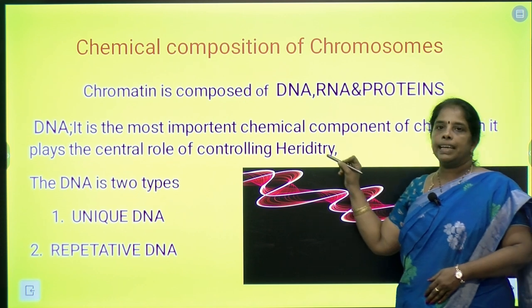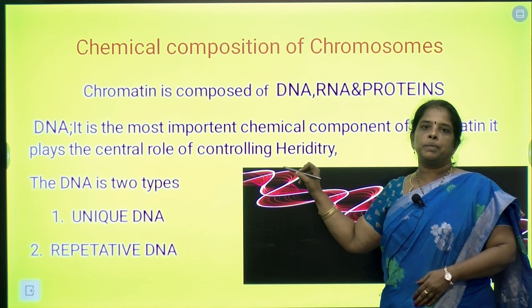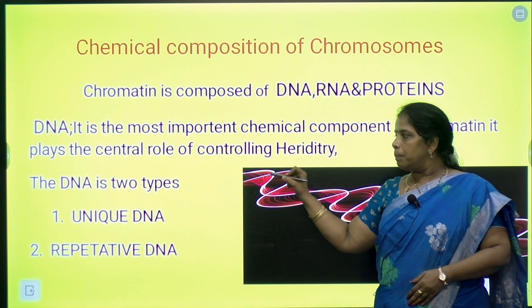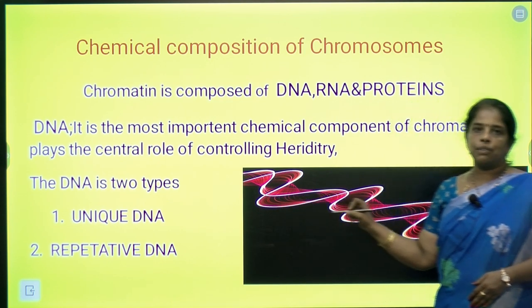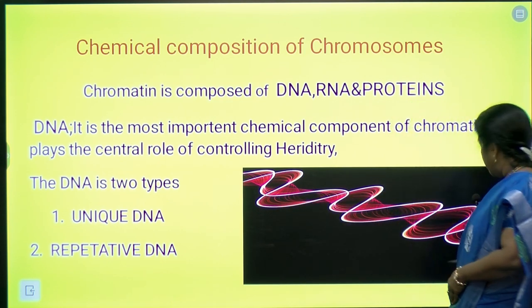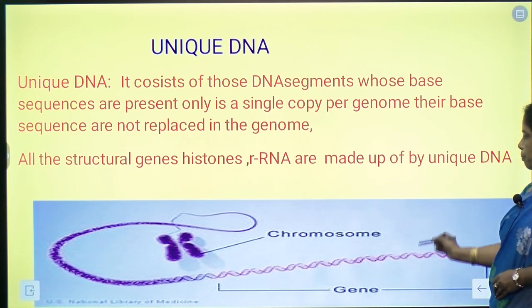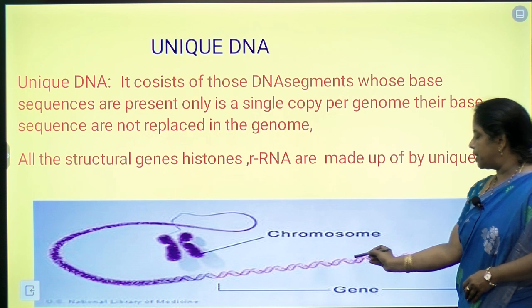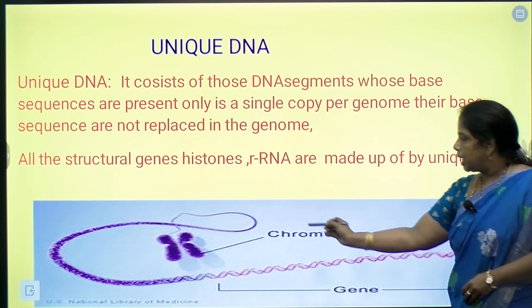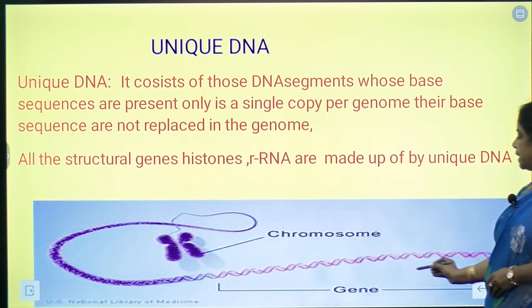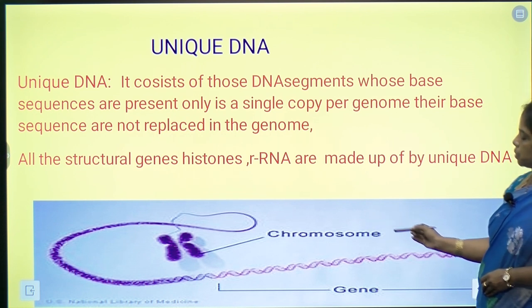The DNA present inside the chromosome is of two types. One is the unique DNA and the second one is the repetitive DNA. In this picture you observe the chromosome and how the DNA is arranged in the chromosomes.